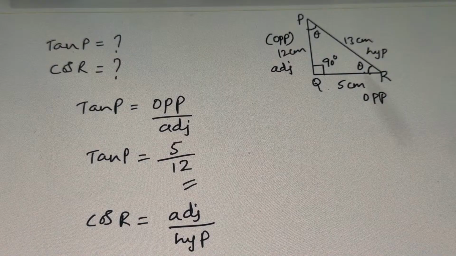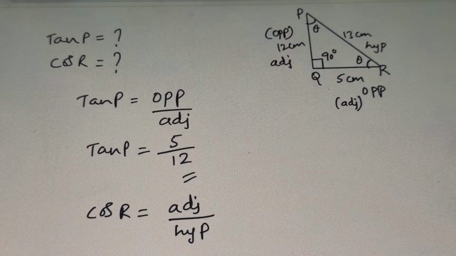Now adjacent to 90 degree, QR will become adjacent. The third side is the hypotenuse, as it is. So this is a very important point: you have to consider the angle at R.